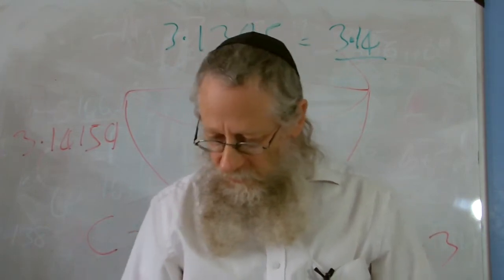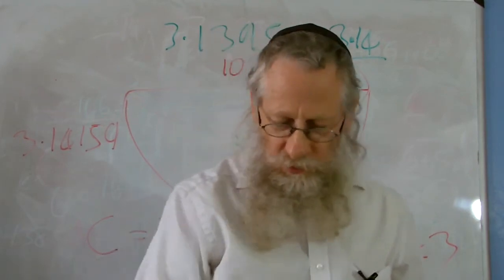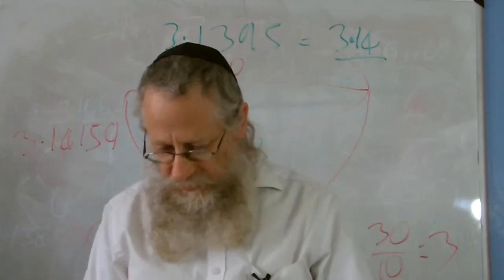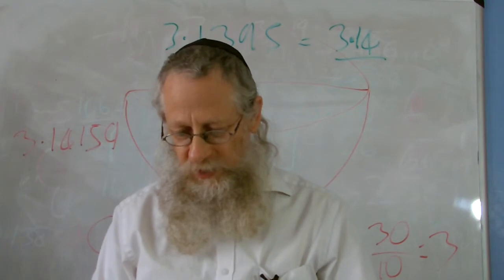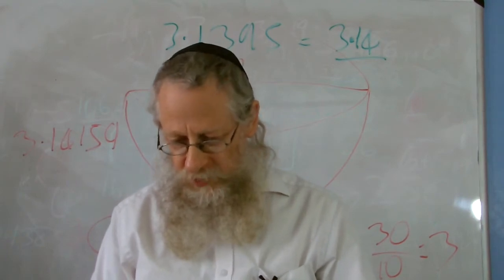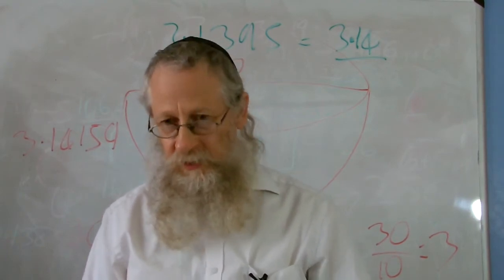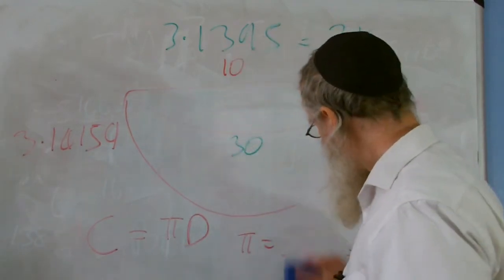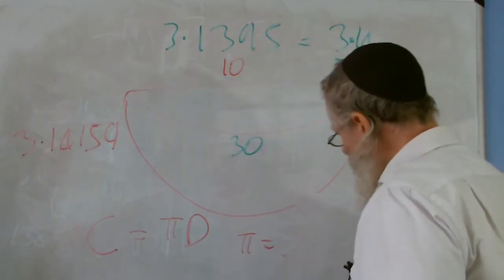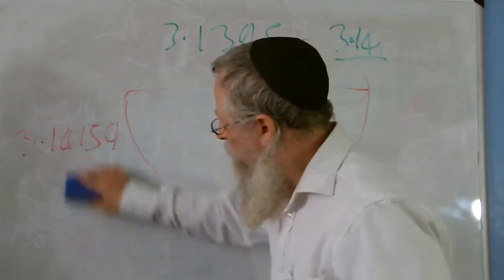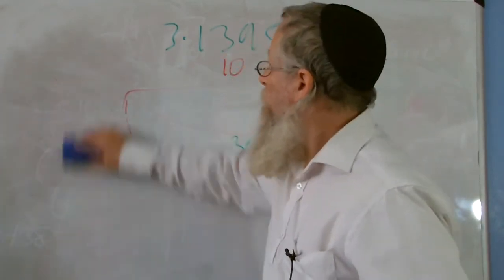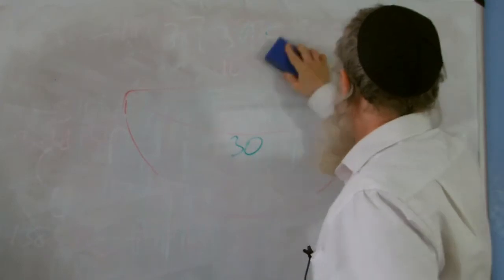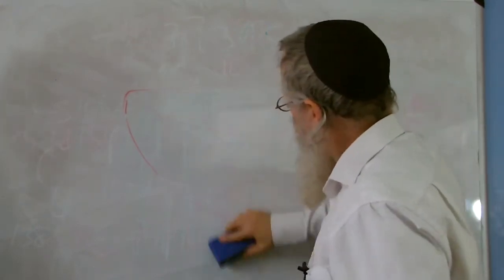So these two texts, Chronicles and Kings, there is a subtle difference between the two, because in the book of Kings, the word for the line that goes around the basin, kav, is spelled kuf vav hey.